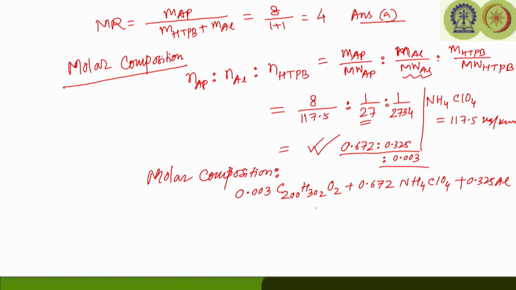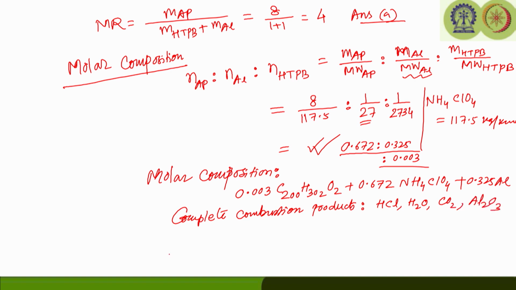We can actually find out how many number of hydrogen is present there, because if you consider a stoichiometric reaction, the complete combustion products will have HCl, then we have H2O, you have CO2, and for aluminum you will have aluminum oxide.